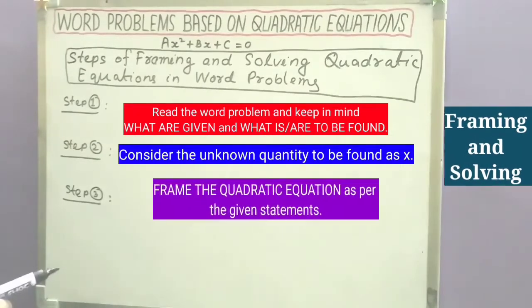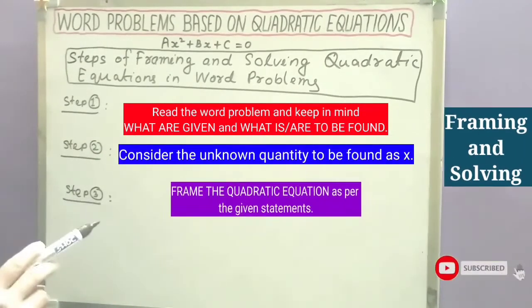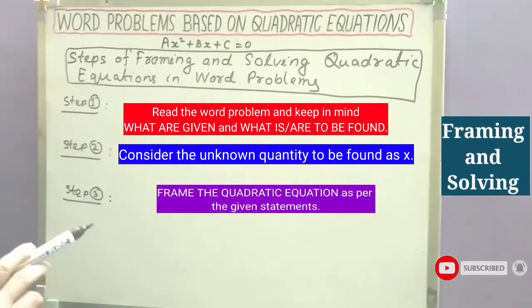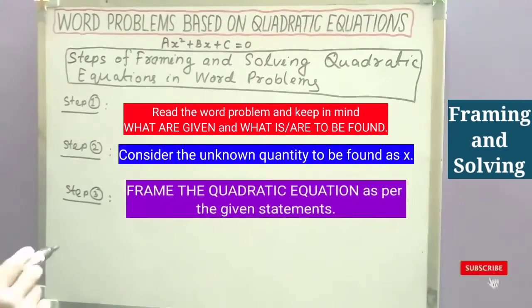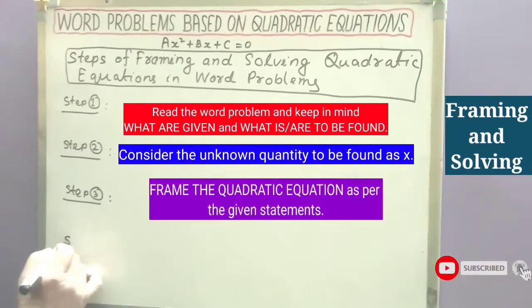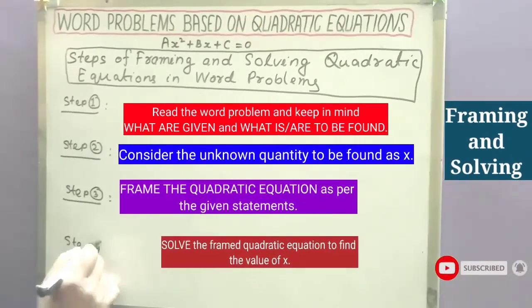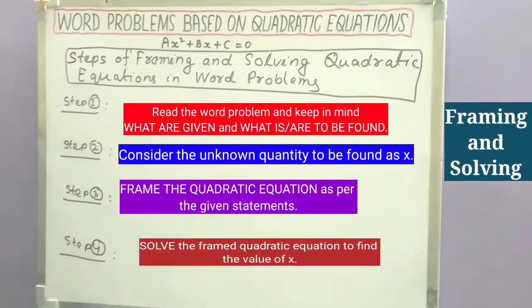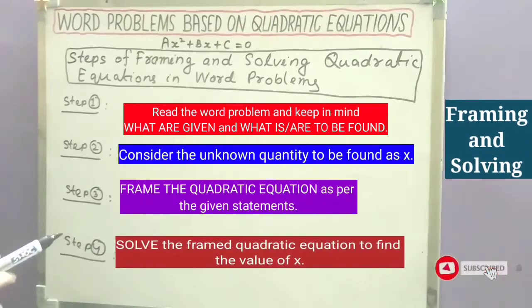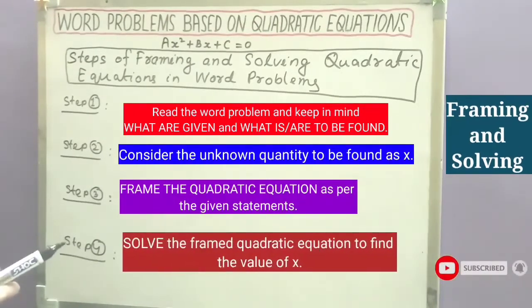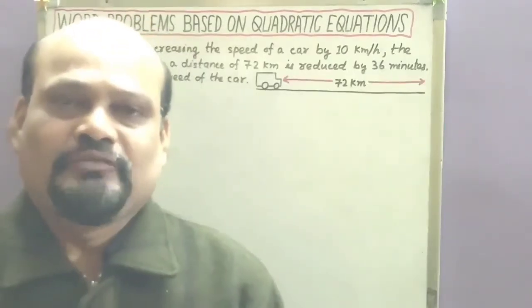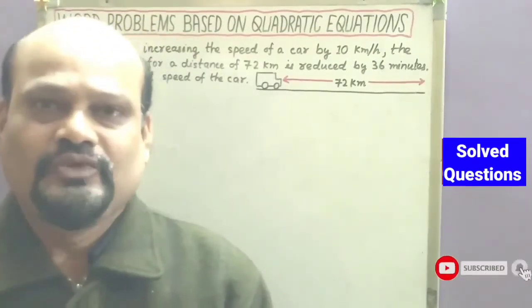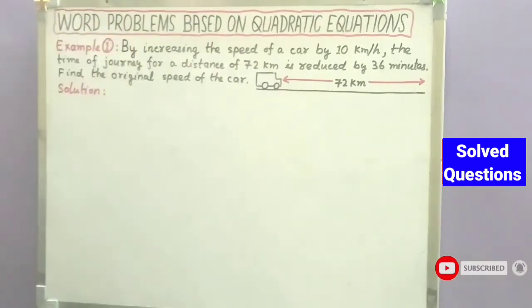Frame or form quadratic equation as per the given statements in the word problems. Step 4. Solve the framed quadratic equation to find the value of x. Let's solve some word problems based on quadratic equations.